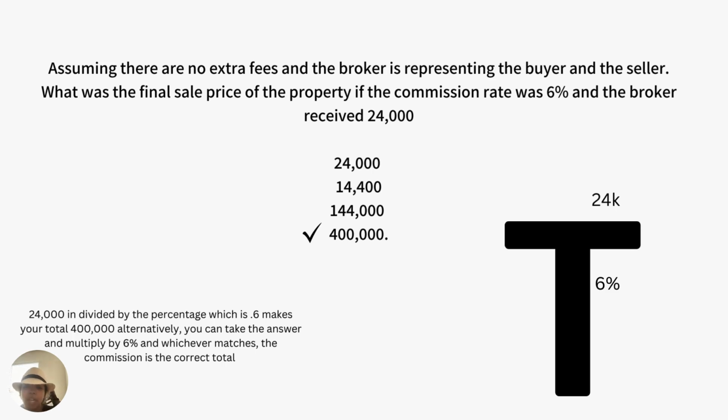Because if you did 24,000 times 6%, you're not going to get that answer. If you do 14,000 times 400, you're not getting 24,000 either. But 400,000 times 6% is going to give you your 24,000. All right, good job, guys.